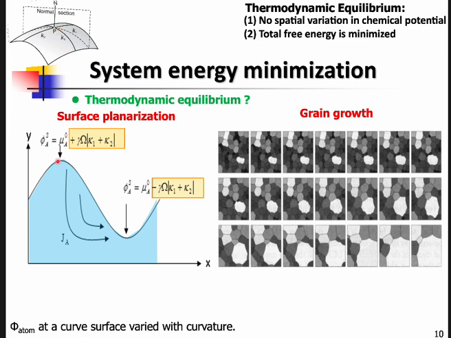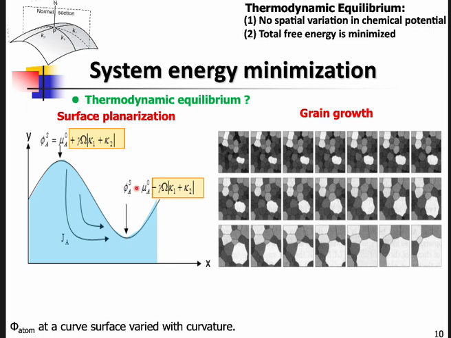So the surface chemical potential of atom A at this convex region can be written as mu A0 plus a positive term. But in order to know whether there is a different chemical potential in this material system, we can take a look at the location in the concave region.